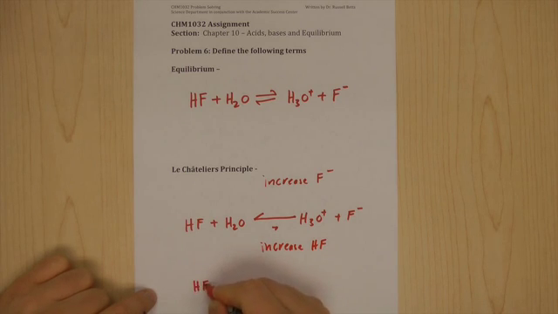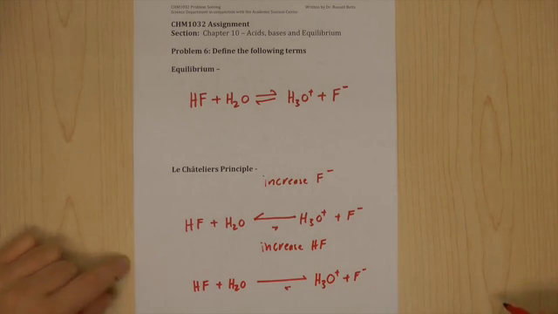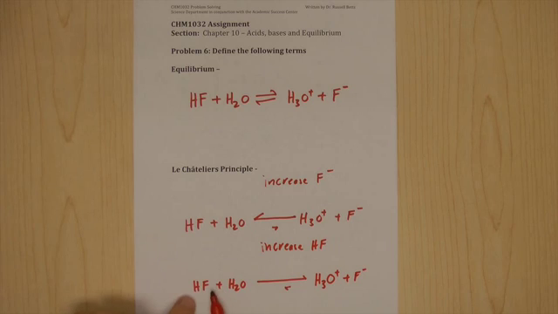The equilibrium now will shift the other way. There we go. If I increased HF, the equilibrium now is forced to go that way. Why? Because now there's simply more of this to react with the water to force the reaction to go that way. Okay?